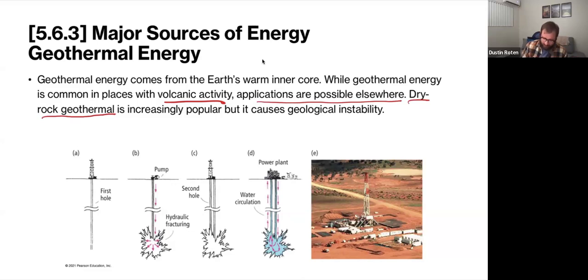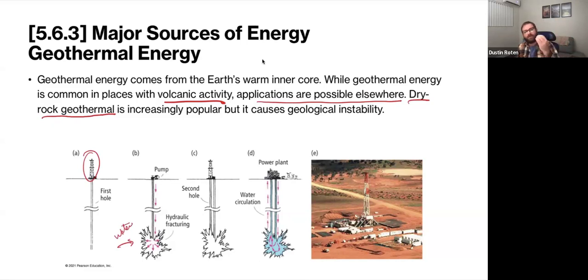Essentially how this works is at some location, you drill a hole. Through hydraulic fracturing, you pressurize water and send it into this space, and you make a bigger space. That's where this big cavernous thing comes from. So you have all this water in here.